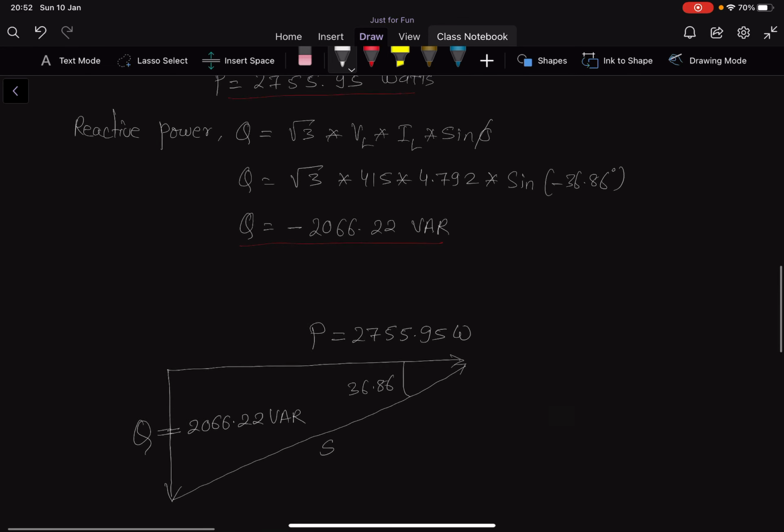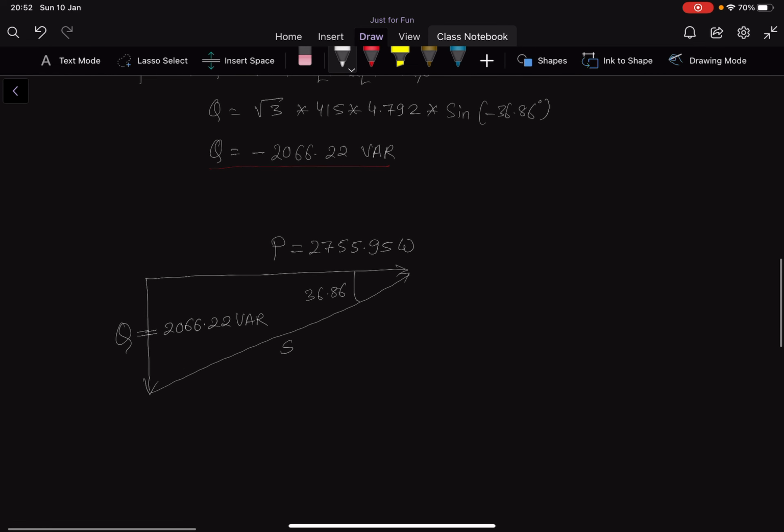So what we need to do now is get rid of this angle and make this angle 0. That means we need to make the power the same as the apparent power. That also means we need something which is going to supply this negative reactive power.